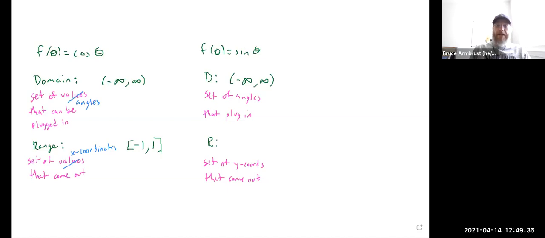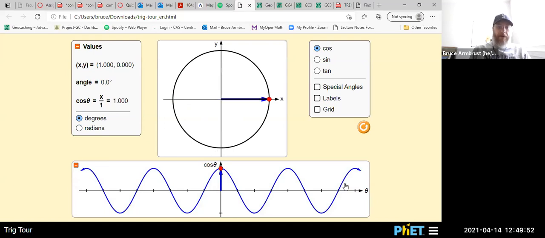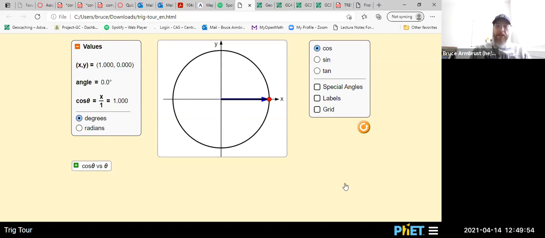Well, let's go back to that going around in circles thing. Hopefully everybody can see it. Okay, so let's change it now to sine. But now remember, sine is the y coordinates.